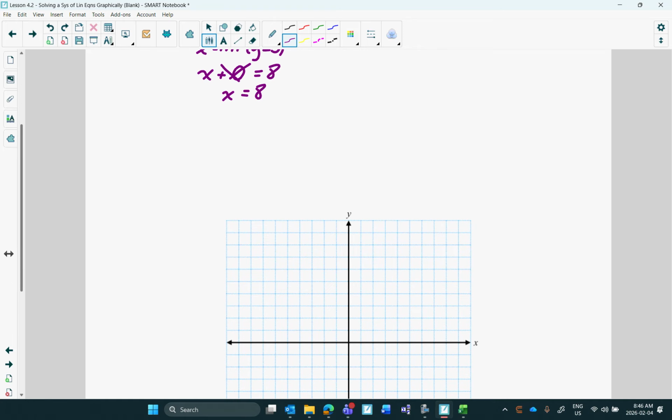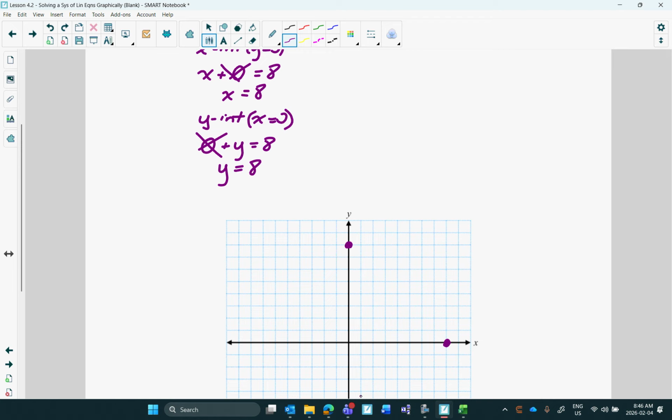So plot 8 on the x-axis. Find the y-intercept by making x equals 0, and you're going to get the same answer. So we're going to get 0 plus y equals 8. So y equals 8. Plot that on the y-axis.